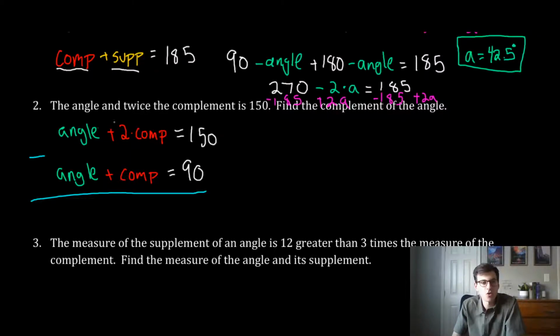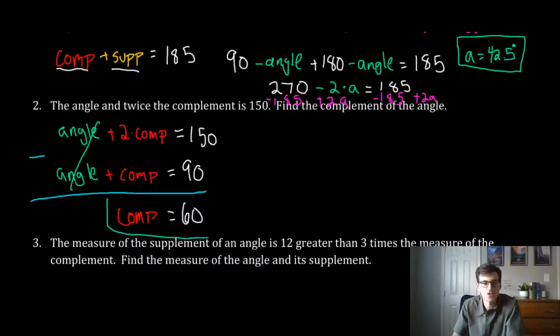If I'm adding the angle plus twice the complement, and that's 150, versus the angle just plus the complement, and that's 90, well, if I subtract these two equations, 150 minus 90 is 60. 2 complement minus complement is just 1 complement. And angle minus angle, well, that cancels out. That's just 0. So then the complement is 60 degrees.